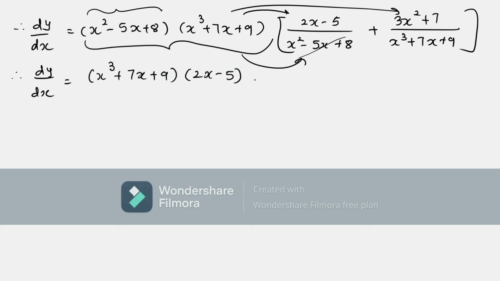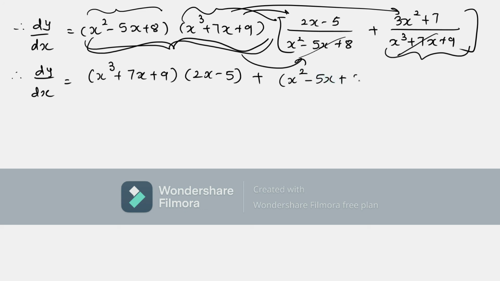Similarly, plus if you multiply this second term with this full thing, the second term's denominator will be cancelled out, and what remains is x square minus 5x plus 8 and 3x square plus 7.